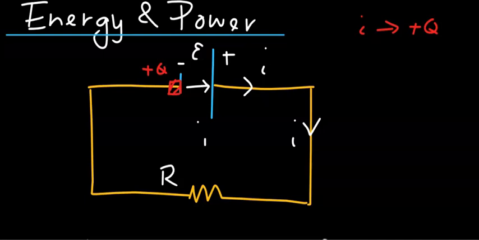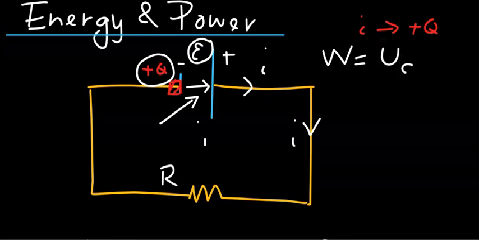However, the battery provides a certain chemical energy from the chemical processes occurring within the battery to do a certain amount of work on this positive charge plus Q, and provides that positive Q with a certain amount of potential energy, let's call it U sub Q, in order for that positive Q to go through the battery from the negative terminal to the positive terminal, overcoming the natural repulsion from the positive plate.